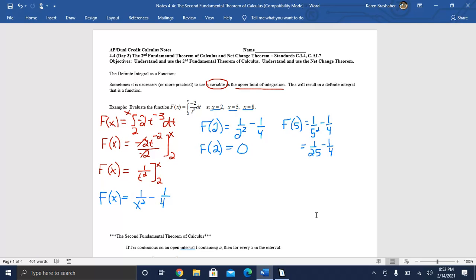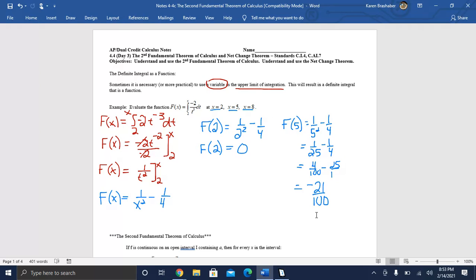Getting a common denominator of 100, you'd have 4 hundredths minus 25 hundredths, and that's going to be negative 21 over 100. So f of 5, negative 21 over 100.